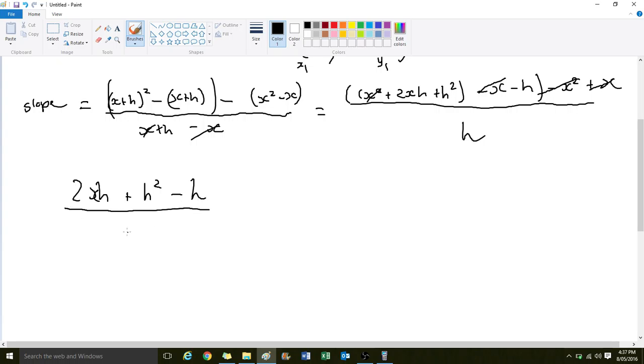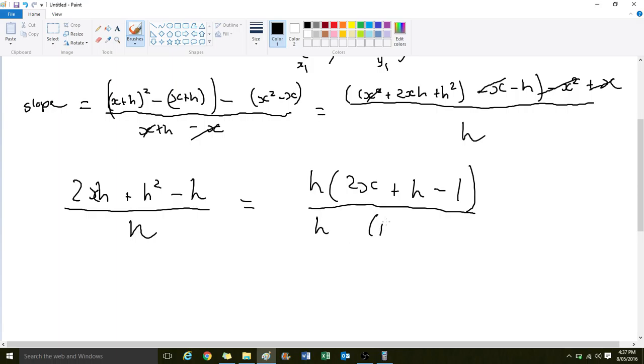divided by h. So the common factor for the top again is going to be h, so we can pull it out the bracket. We're going to have 2x plus h take 1, and that's going to be over, again, pull h out from the denominator as well.